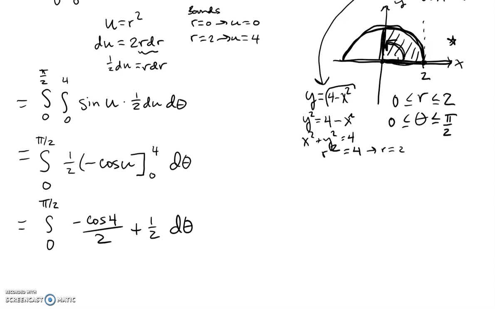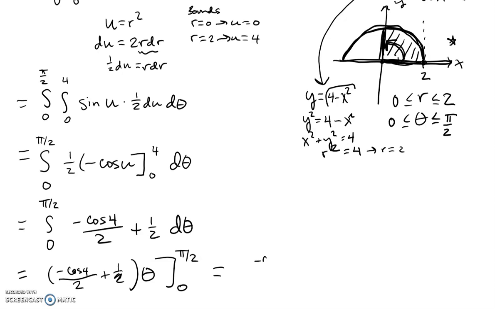And then again, we recognize that nicely here, all of that is just a constant. So we just have that whole thing, negative cosine 4 all over 2, all plus 1/2, will all just be times theta, where that goes from 0 to pi over 2. And then we'll evaluate those at theta.